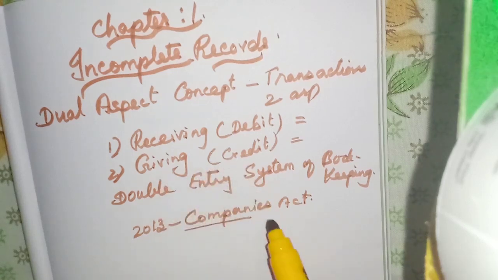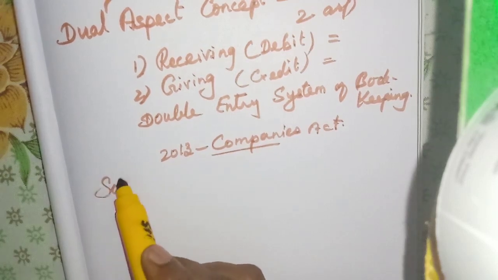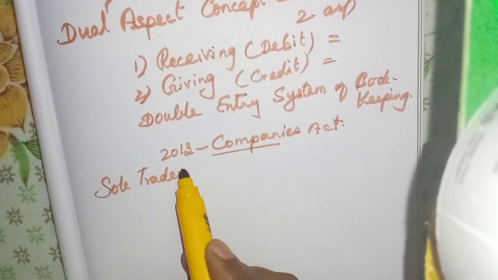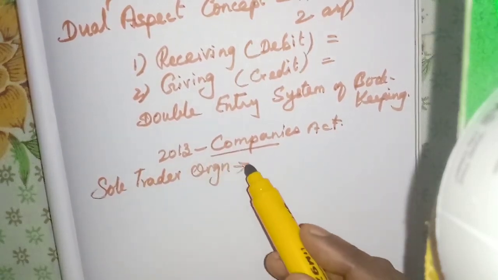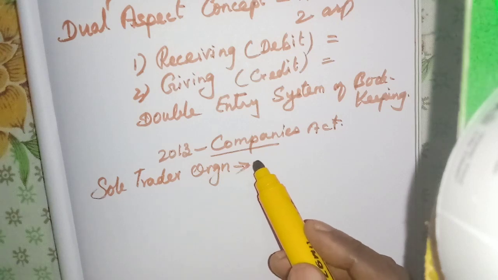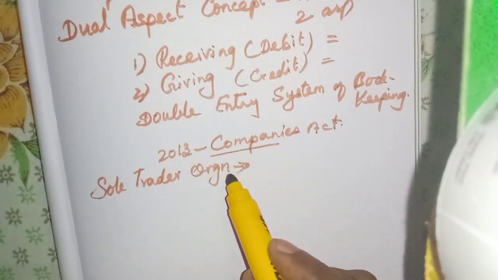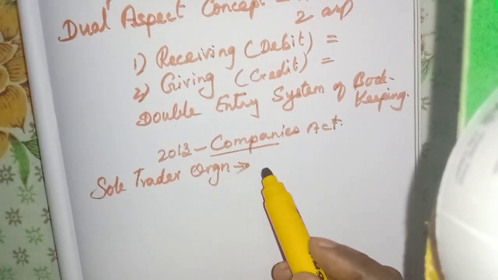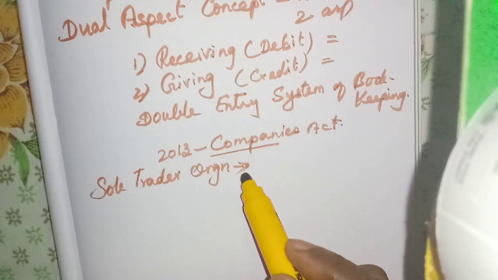Here just imagine a sole trader organization. There will be a single seller, isn't it? He will be all in all. He is the owner of the business, the person who invests the whole capital, and he has to manage the business and write the accounts.